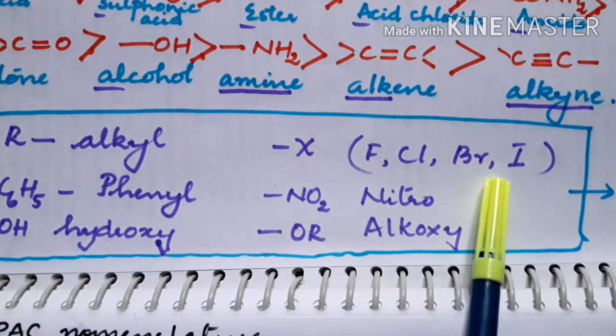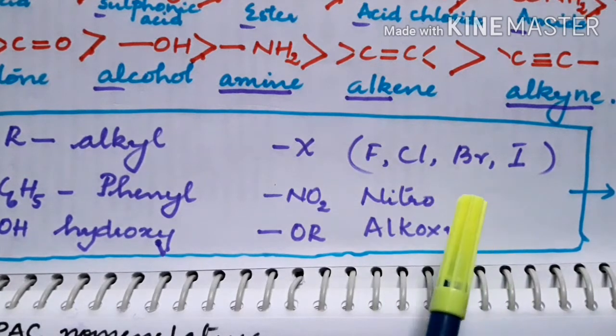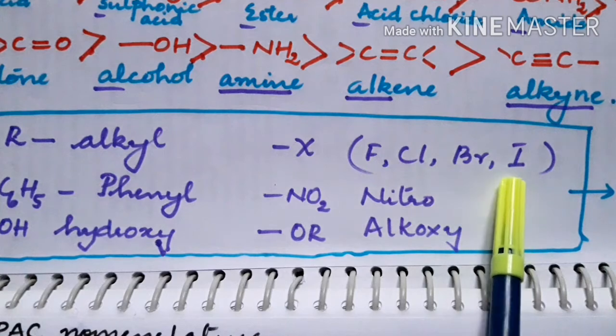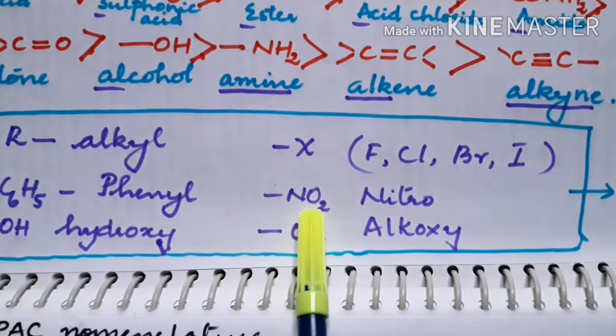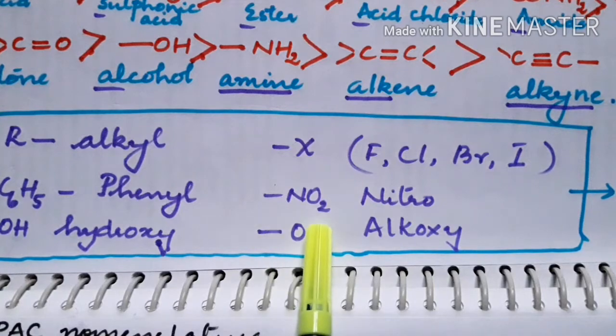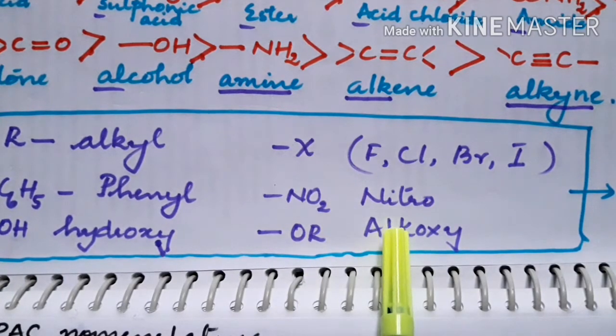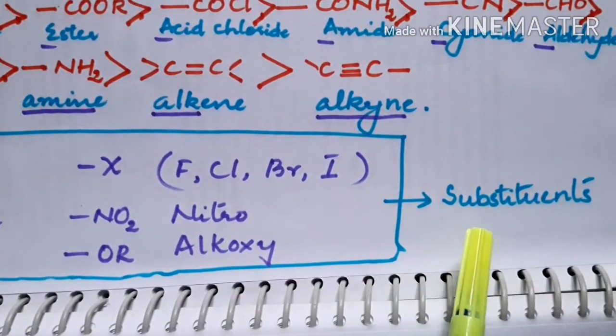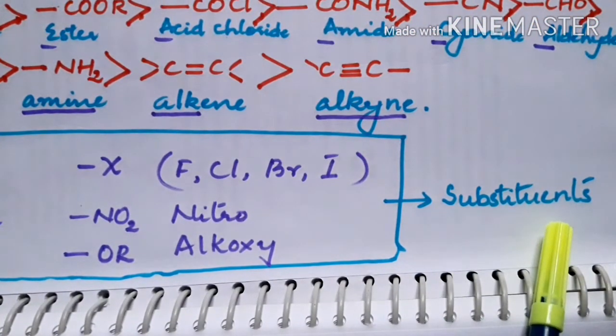That will be named as halo, or fluoro, chloro, bromo, iodo. NO2 stands for nitro and OR stands for alkoxy group. These groups, when attached to the longest chain, are considered as the substituents.